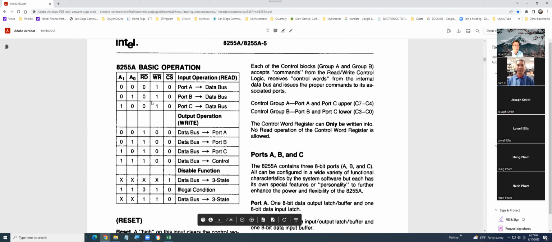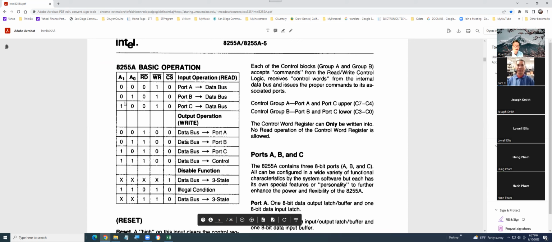You can see A0, A1 equal 0, 0. That is port A. Write equal 1, so basically they will write data to the output. That's what they call a data bus.